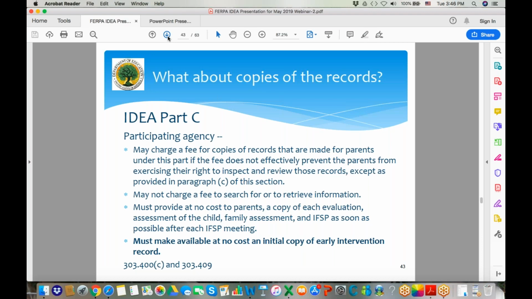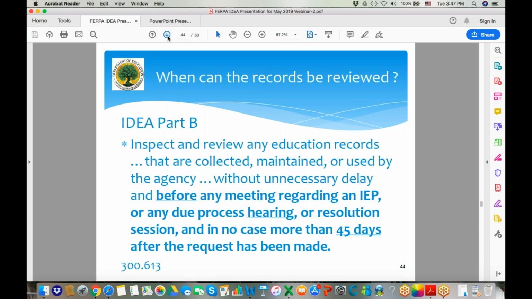After that, they may charge a reasonable fee for copies of records made for parents if that fee doesn't effectively prevent the parents from exercising their rights to inspect and review records. They may not, under IDEA Part C, Part B, or under FERPA, charge a fee to search for or retrieve that information. Next slide, please.